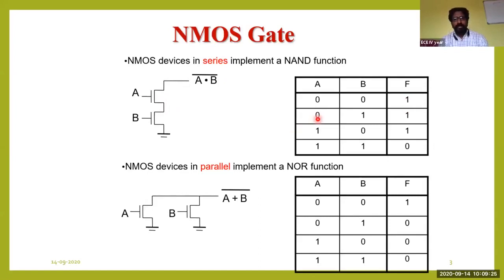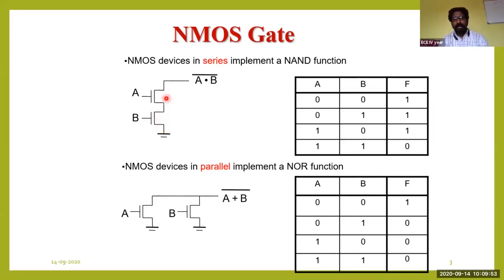For the next logic, 0 and 1, that's A equal to 0 and B equal to 1, the first transistor is turned off and the second is turned on. The first one is the transistor which connects this entire logic of the NAND gate to the output. Since it is turned off, you cannot expect the signal to reach the output.